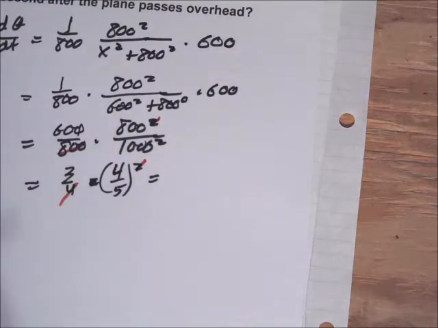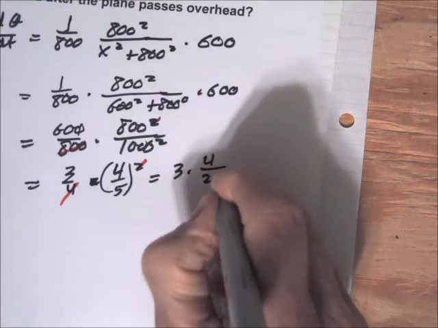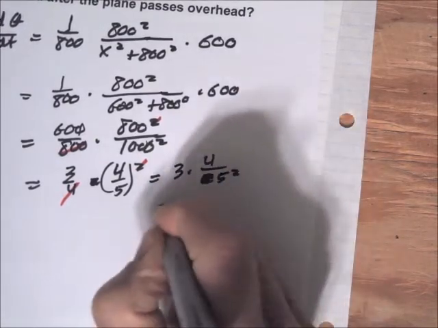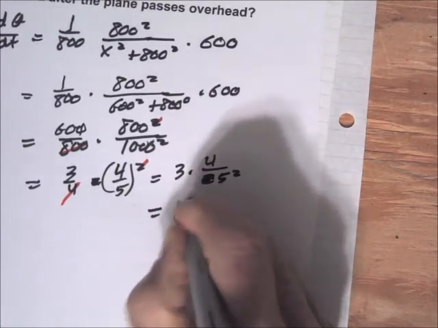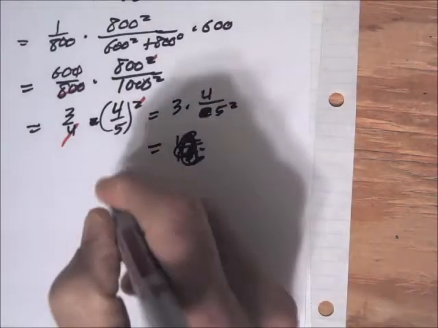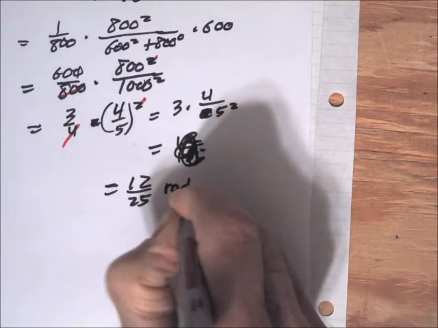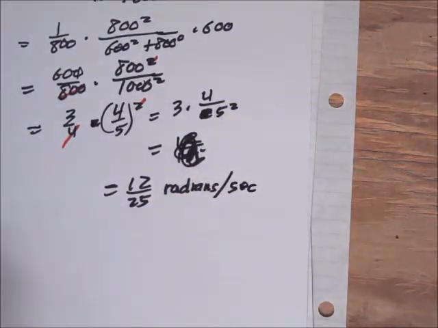So we'll have 3 times 4 over 5 squared, and that's going to be 12 over 25 radians per second.